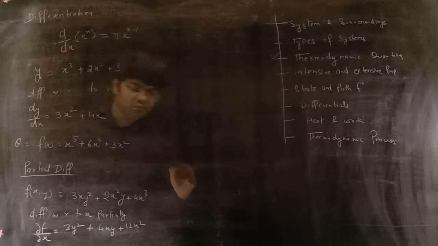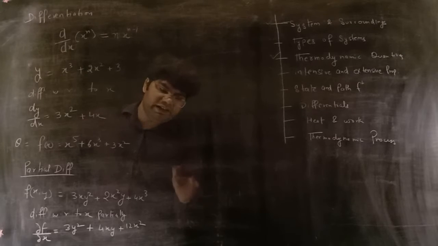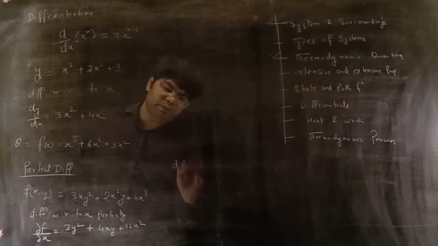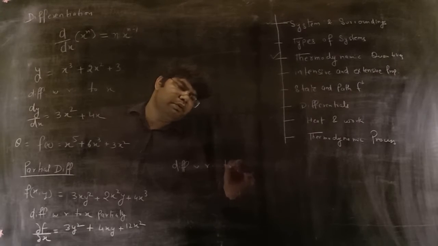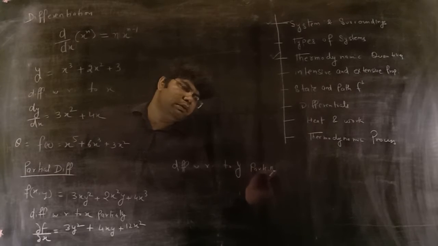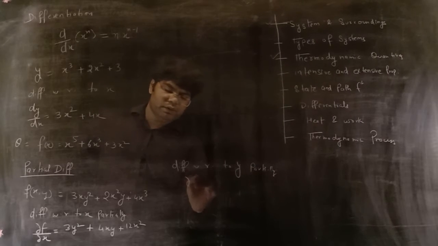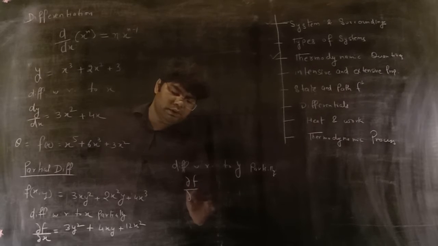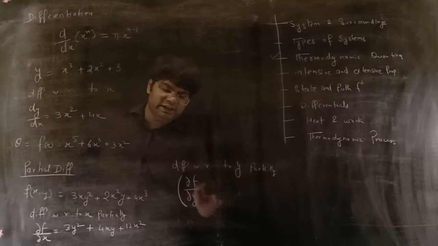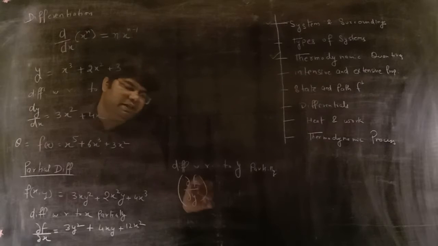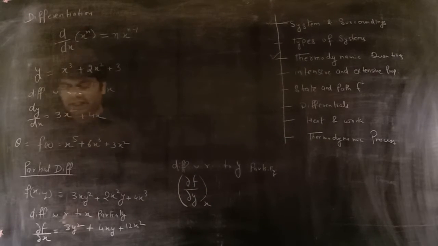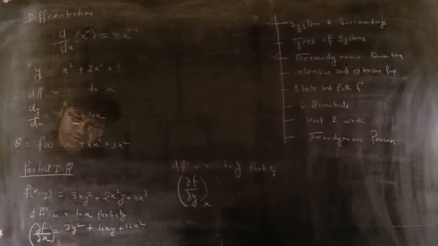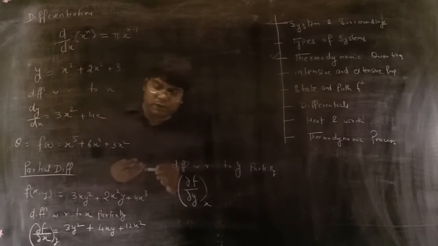And here, if you differentiate it with respect to y, differentiating with respect to y partially, you will get, and one thing is, in the bracket you have to keep which variable you are taking as constant. Here I am taking x as a constant and here I have taken y as constant.